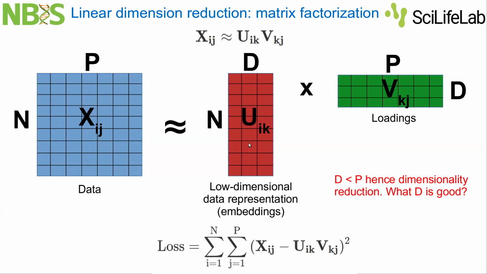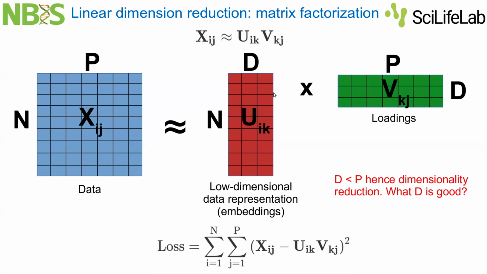And then the next question is how to select this D. What D is good? Is my 2D UMAP good enough to represent my original data, or should I consider multiple components? That's not an easy question.